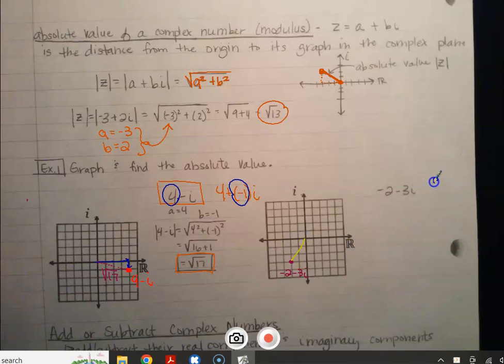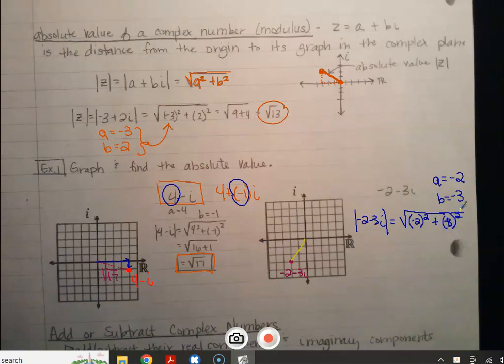First, what's our a equal? Good, -2. And what's our b equal? Perfect, -3. So the absolute value of -2 minus 3i equals the square root of a, so -2 squared, plus b, -3 squared.